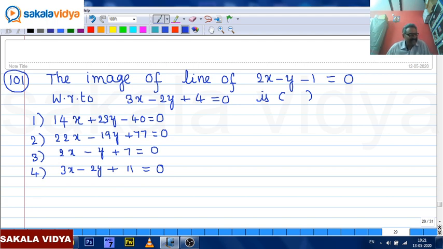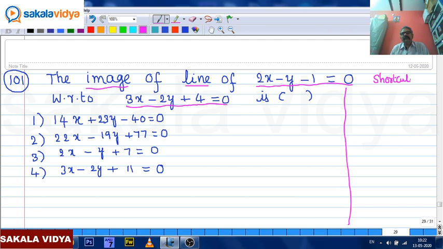The image of line 2x minus y minus 1 is equal to 0 with respect to 3x minus 2y plus 4 is equal to 0 is. So now I give the shortcut for this one. Instead of doing it the long way, remember the image of one line with respect to another line.